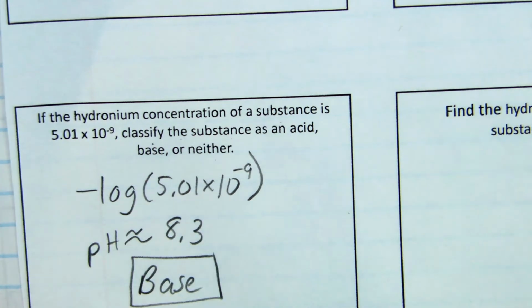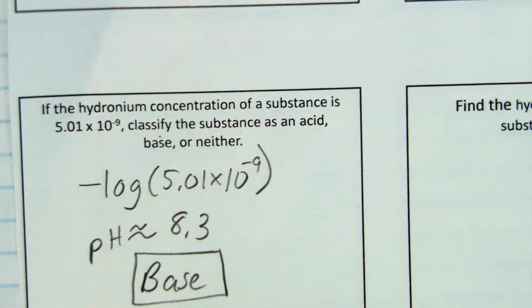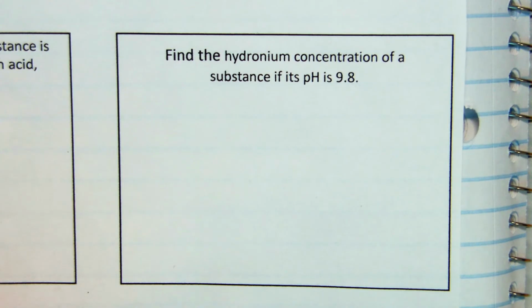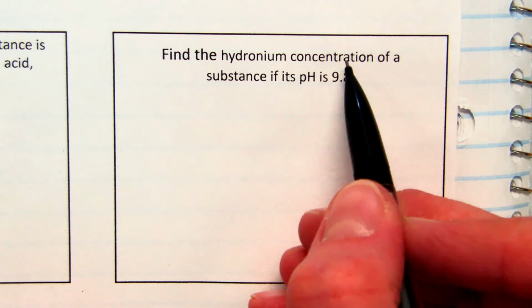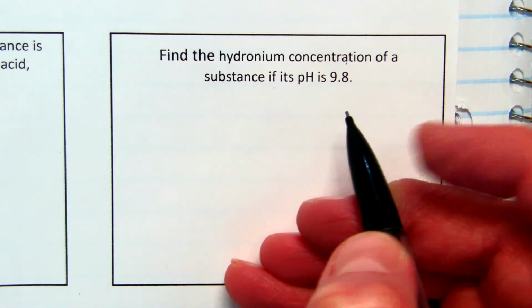Yay. Now, what gets more interesting is when we go backwards and they give you the pH and they want the hydronium concentration in moles per liter. But we know how to solve these equations, so I'll just show you. So it says find the hydronium ion concentration of a substance and its pH is 9.8.